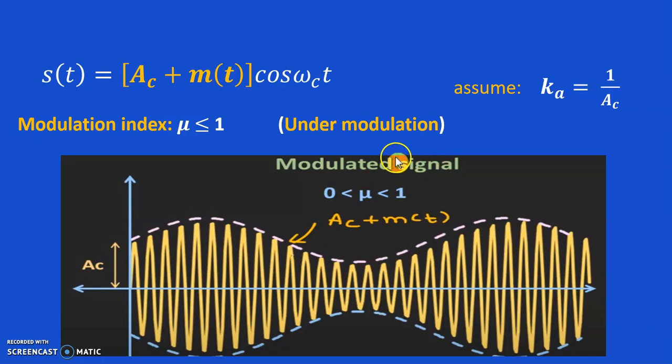For simplicity, if we assume that this k_a is equal to 1/Ac, the reciprocal of the amplitude of the carrier signal, then the expression for the AM signal will get simplified to s(t) = [Ac + m(t)]cos(ωc t), where Ac + m(t) is the envelope, Ac is the amplitude of the carrier signal and m(t) is the message signal.